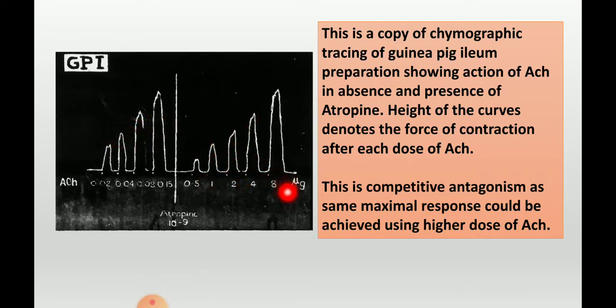When you are giving almost 8 micrograms, it is matching the level of 0.016. That means it regains its action in the presence of atropine. And what does it mean? It is displacing atropine from its binding site, and we are getting the same efficacy or maxima.